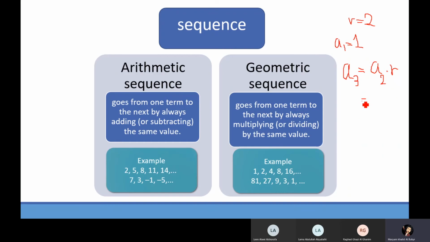So we can replace these two numbers and then we will see term 3. A2, which is term 2, is 2. Then R is 2, which is the common ratio. Then you multiply them, which is 4, and that's what we have here for A3, which is 4.